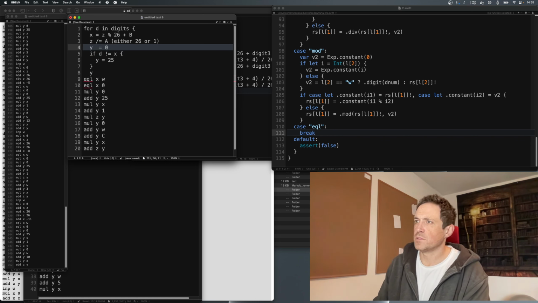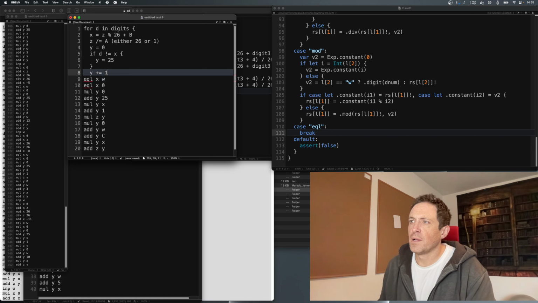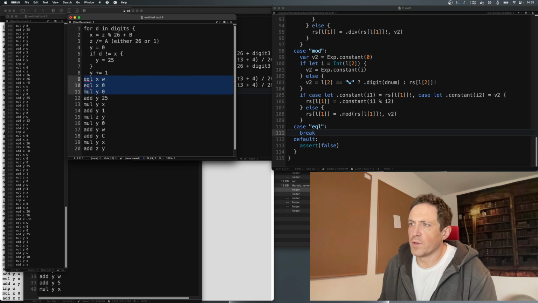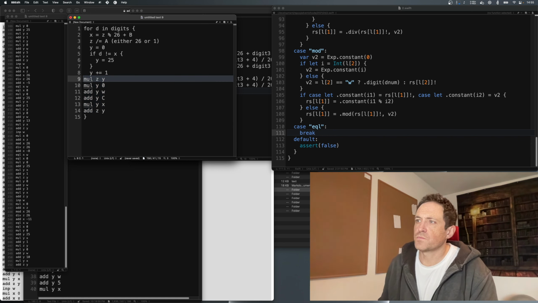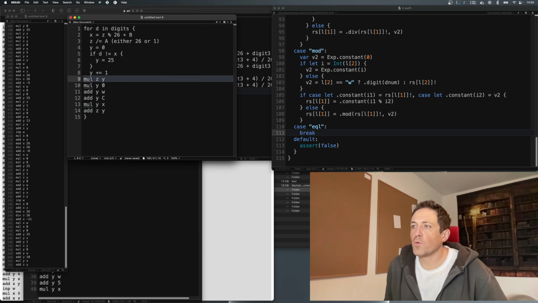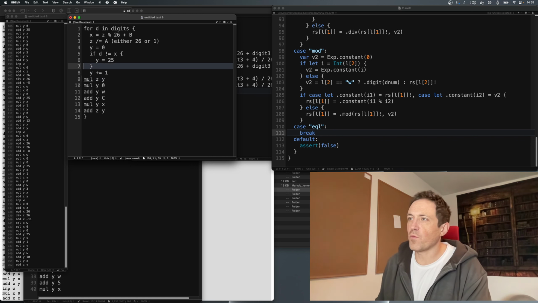Y equals 0, Y equals 25, Y plus equals 1. And I claim we've now encoded all that, including our branches. Oh, and so Y, okay, and then we're getting rid of Y after this.